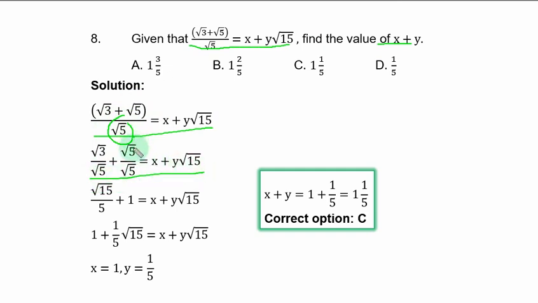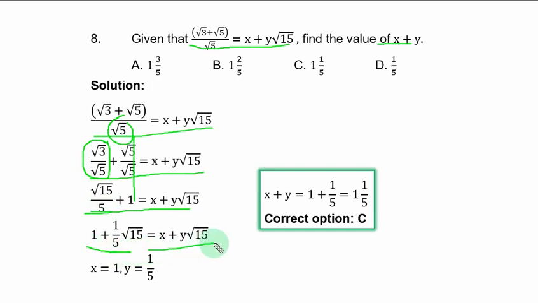If you divide this term, you have 1, but you need to rationalize this term by using root 5 to multiply the numerator and denominator, and you have root 15 over 5 plus 1 equal to s plus y root 15. The left hand side can be written in this form to correspond with this.